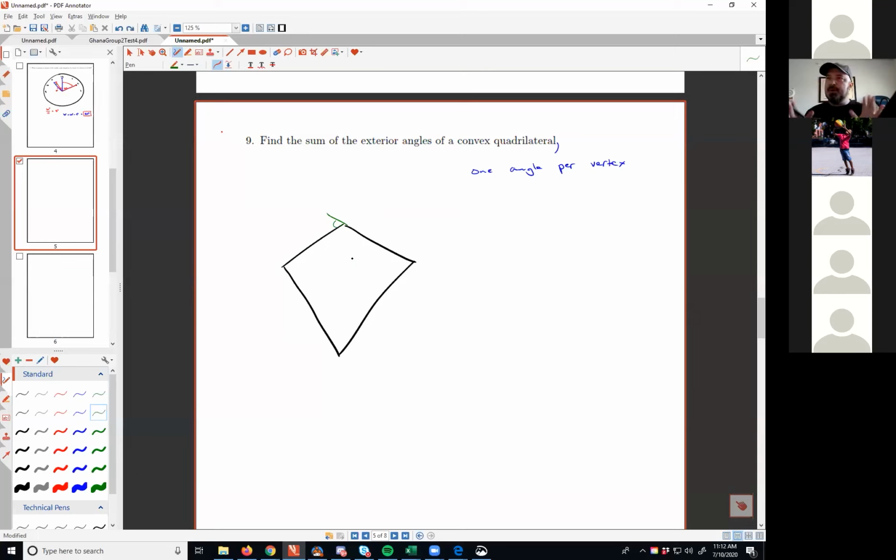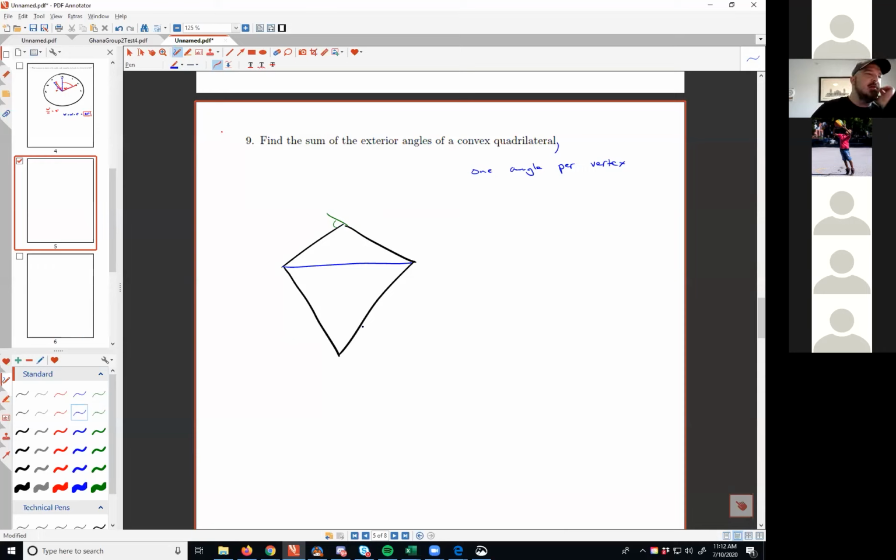So let's talk about this. How do we do this? There are a whole bunch of ways to go about this, but wait, step back for just a moment. We could divide this quadrilateral into 2 triangles.